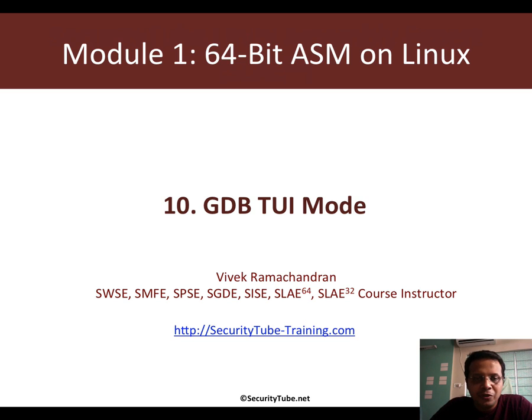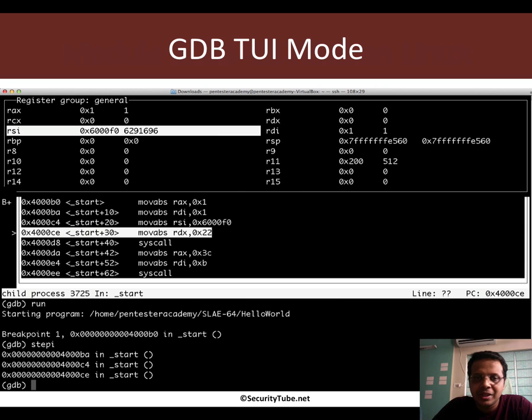Now in this short video, I will introduce you to GDB's TUI mode. TUI stands for Text User Interface, and unbelievably, your GDB instance, while you are debugging your assembly language programs, or disassembling shellcode and seeing how it works, could actually look like the screen currently.